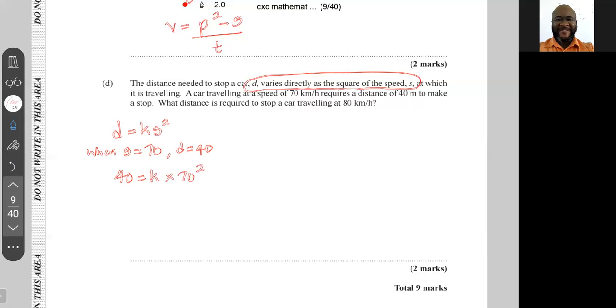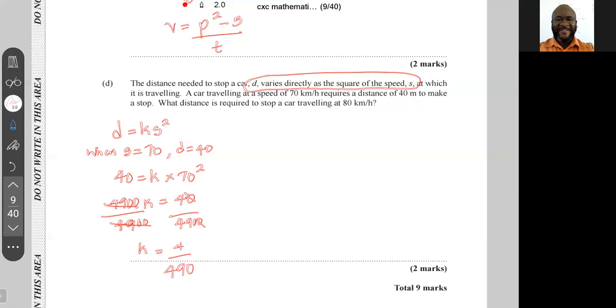Now 70 squared, I think, is 70 times 70. This is 4,900. So 4,900 K is equal to 40. If I divide both sides by 4,900, this cancels this. I get K is equal to, 0 cancels 0, 4 over 490.